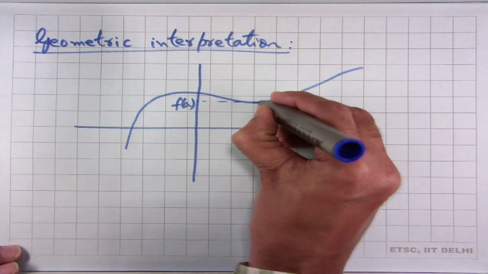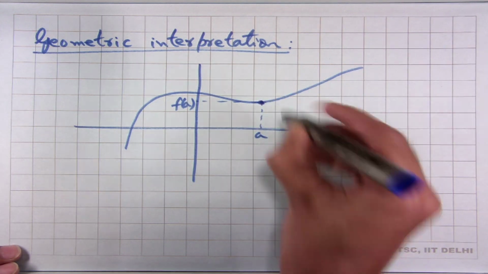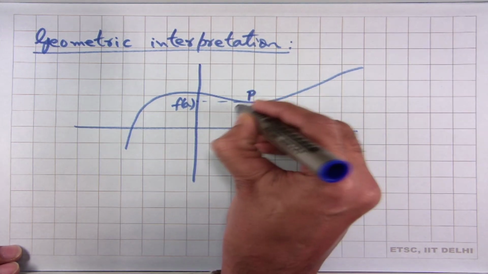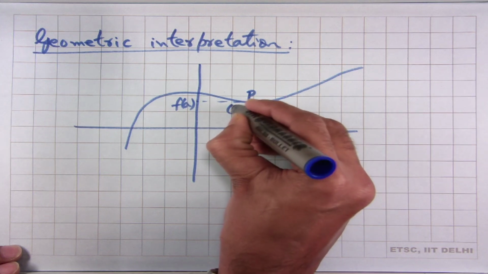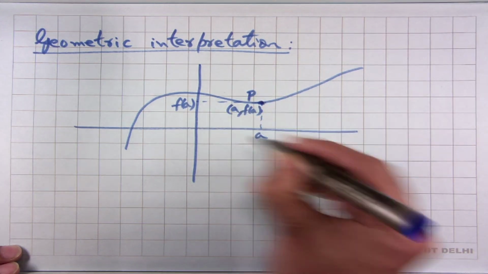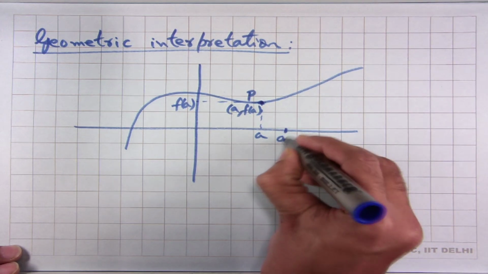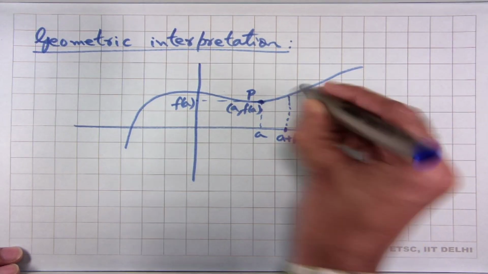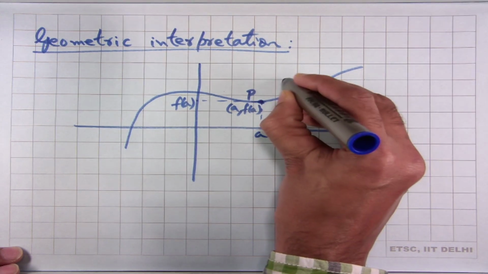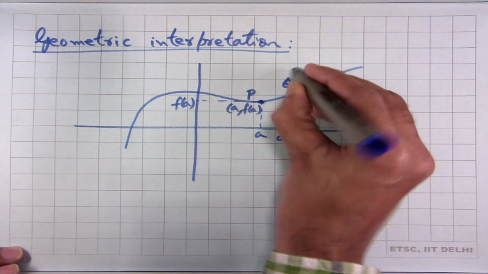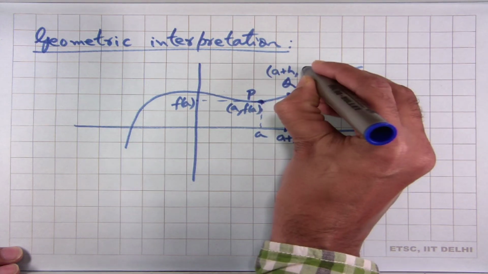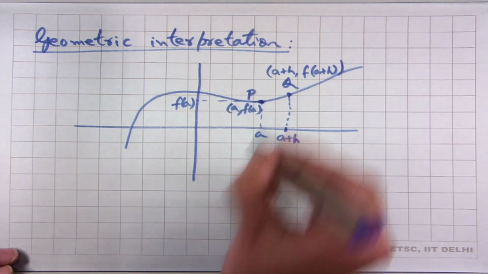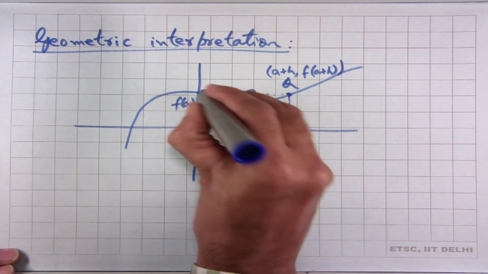Let me call this point P, whose coordinates are a comma f of a, and let us look at another point, a plus h. Here I am taking h positive. Then there is another point Q here whose coordinates are a plus h and f of a plus h.